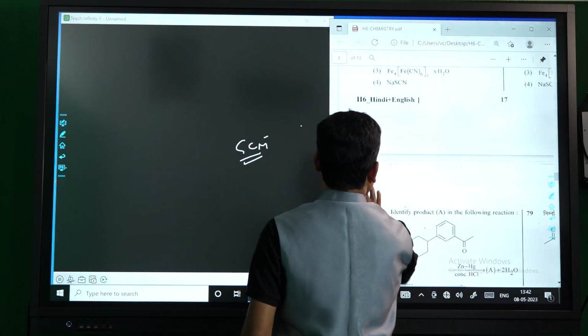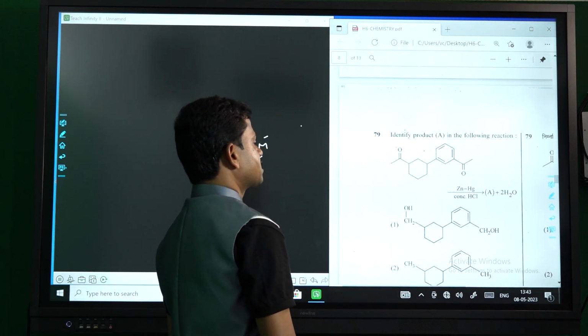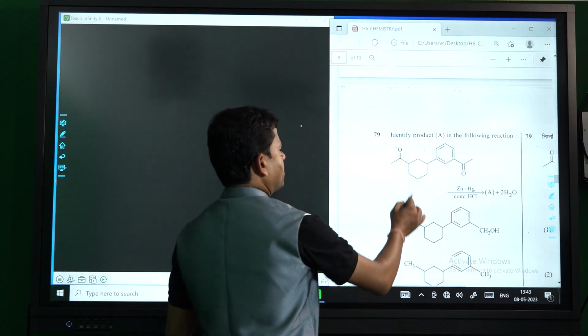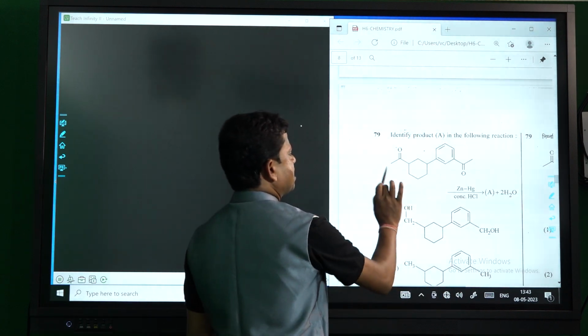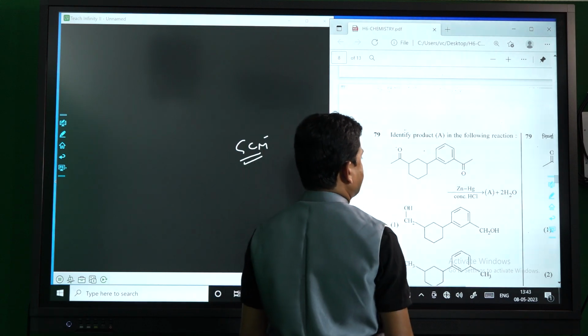Question number 79. Identify the product in the following reaction. Ignore the structure. In the structure, the same type of group is present in both rings, a ketone group.